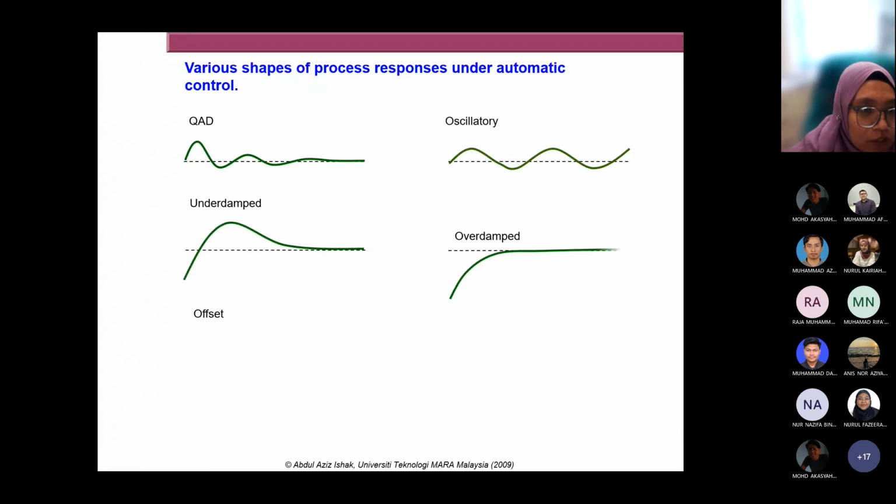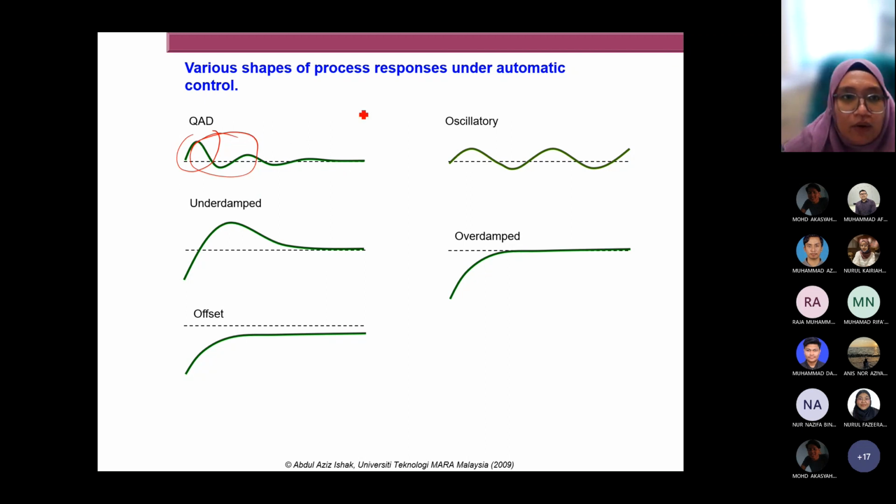For the QAD response, normally we have a slight oscillation at first. You can see in this part there are a few oscillations, and then the response will reach its set point, but it takes a longer time to reach the set point. So this is QAD.